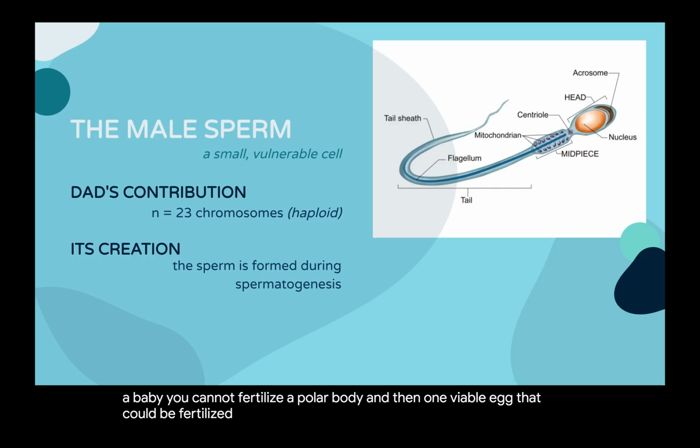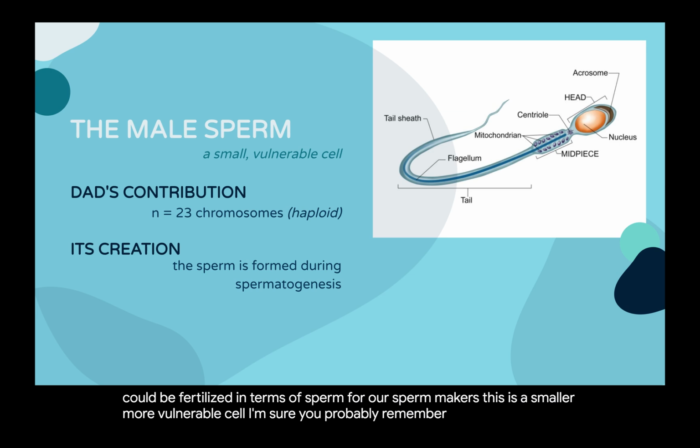In terms of sperm, for our sperm makers, this is a smaller, more vulnerable cell. I'm sure you probably remember learning about the fact that we need a lot of sperm in order to fertilize an egg typically.